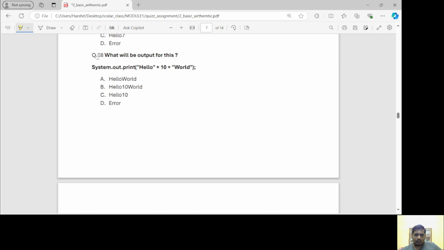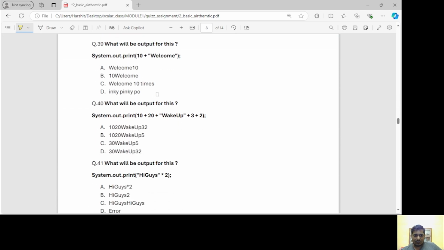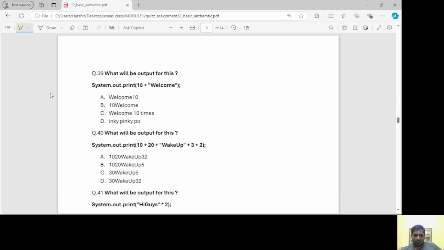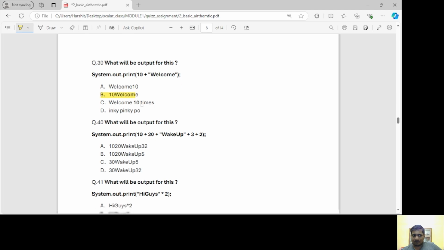Now see quiz number 38. Hello is given plus 10 plus world. So here the output is hello 10 world, because there is no space given. That is the answer. Now we'll see question number 39. 10 plus welcome gives 10 welcome.